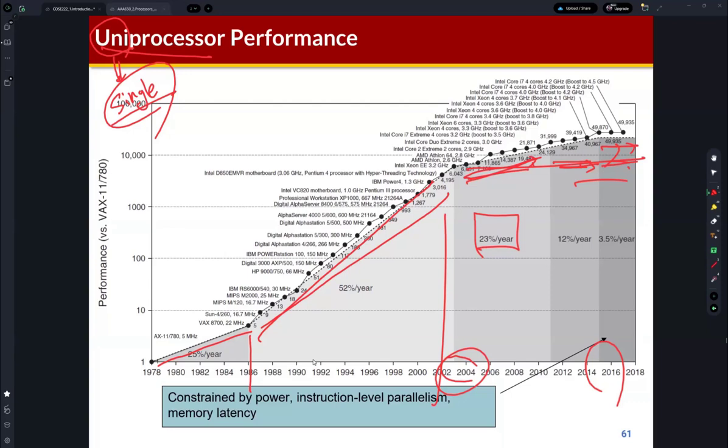Then what should we do? We need to increase the number of employees, which means CPU cores. To increase the performance, we can increase the number of cores, right?